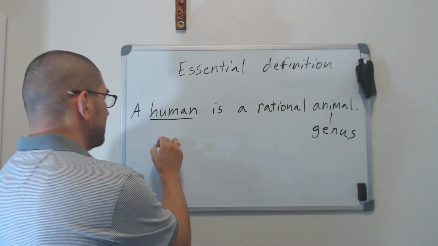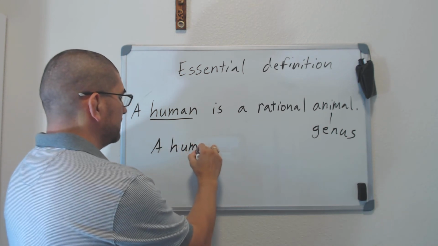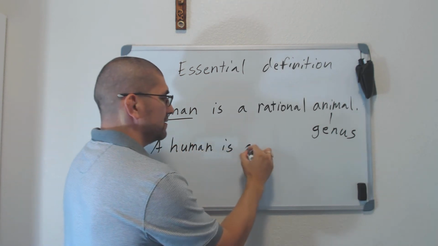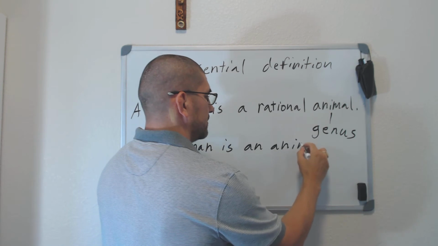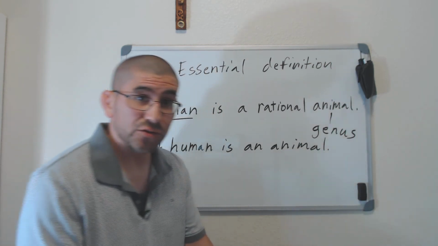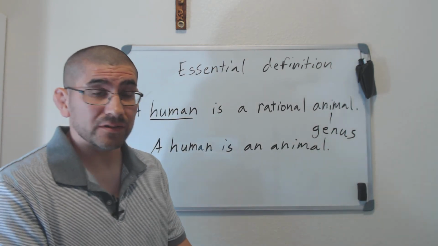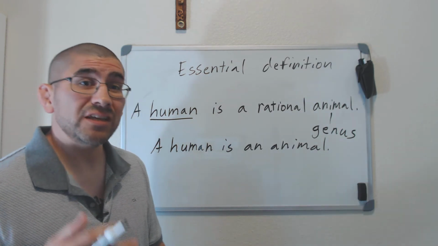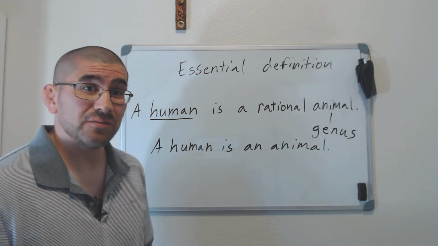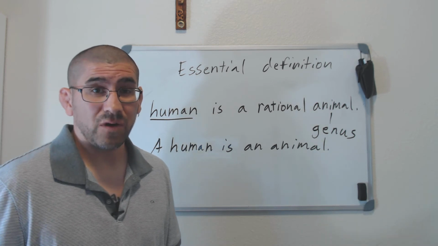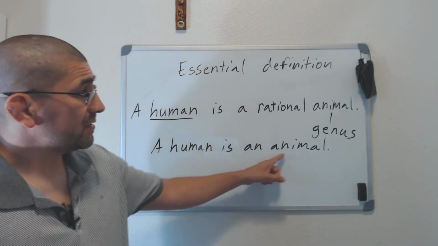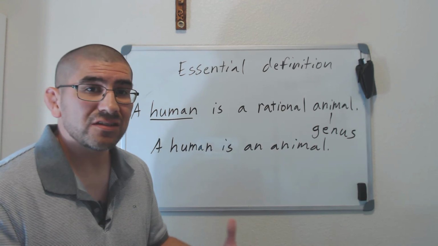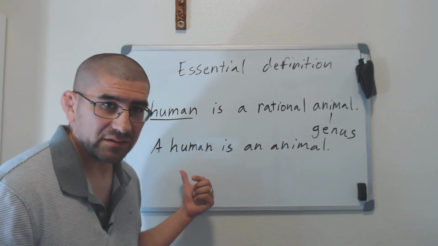Like if I said a human is an animal. Now that is true. There's nothing wrong with saying that. But there is something wrong with saying it if you think you're giving the essential definition of a human being. Why? Because there are some animals that are not human beings.